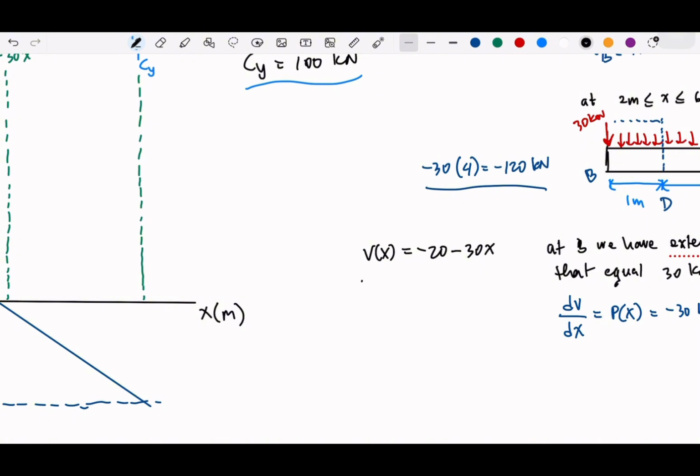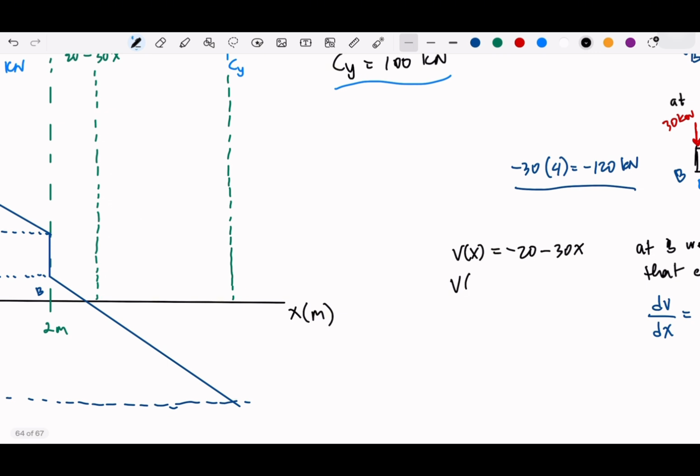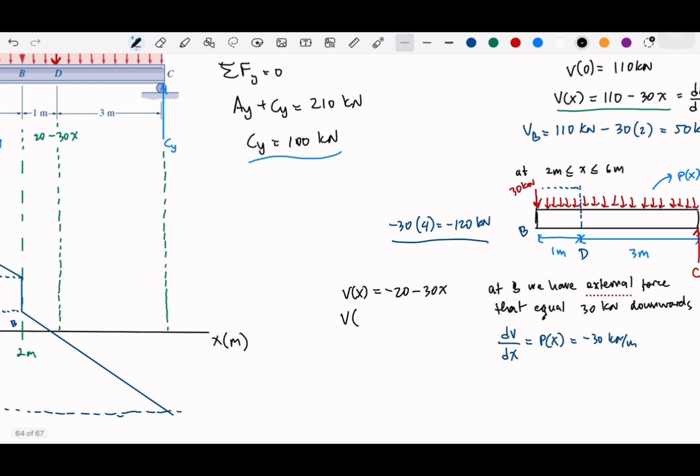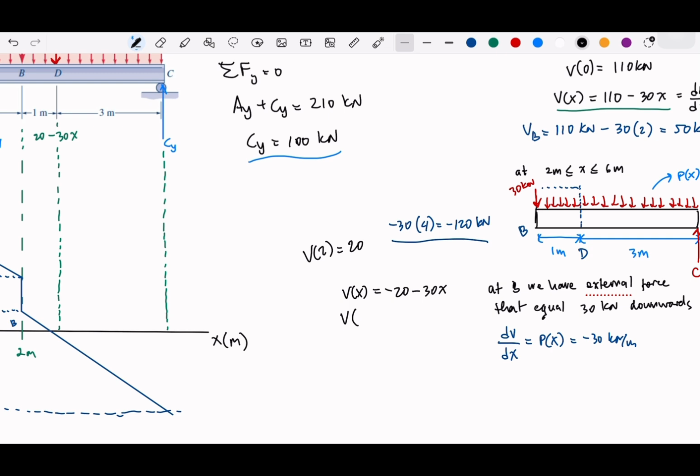Okay, so at x equal 4, oh, this will be V2. So V2 is 20. So this is not negative 20, it's 20. But it should be 6, right? It should be 6.